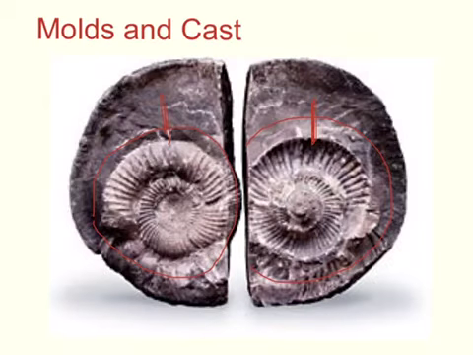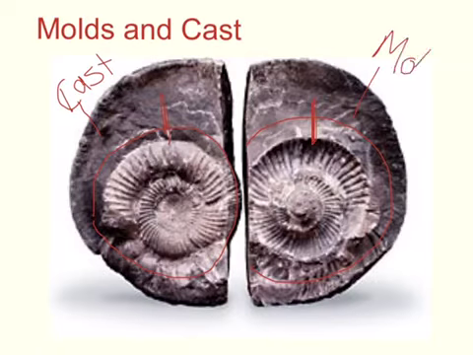This is a mold and a cast. So this one would be the cast. And this one here is the mold. Think of it this way. If you can pour it in, you're making a mold, just like a Jell-O mold. Okay?